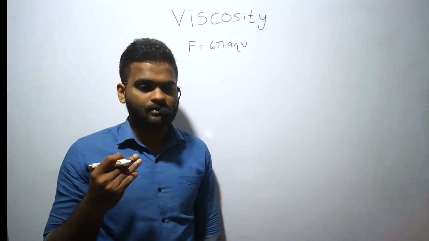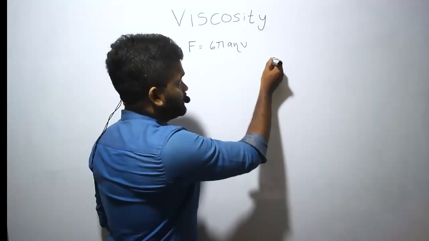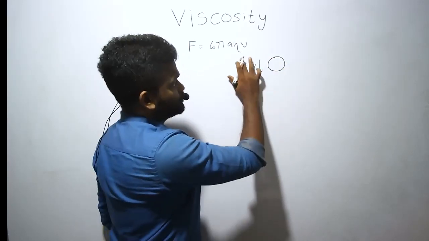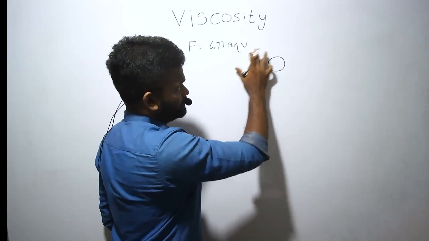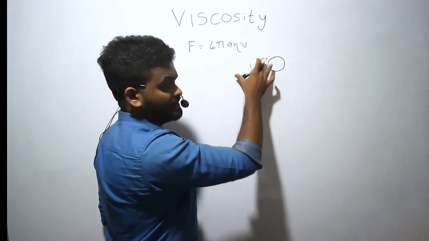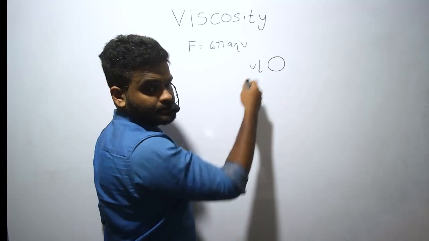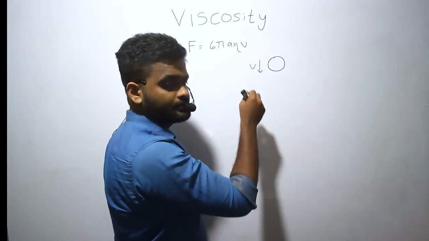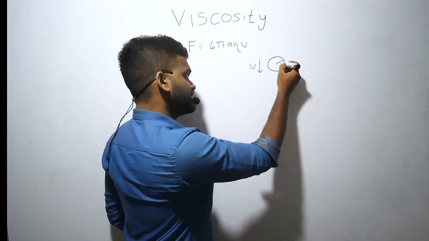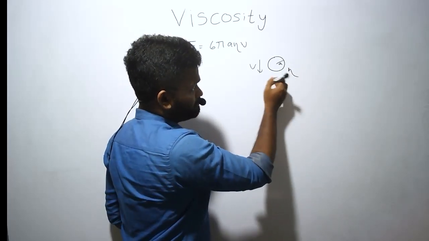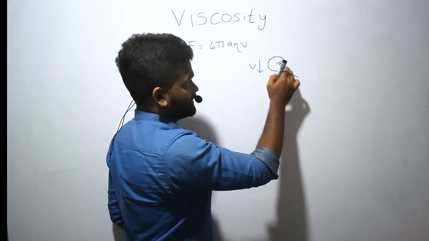From the Stokes equation, if an object moves at velocity V through a medium, this could be air, this could be water. So this is a small spherical object, right? It should be small. And the radius is A, and the viscous coefficient of the medium is eta.